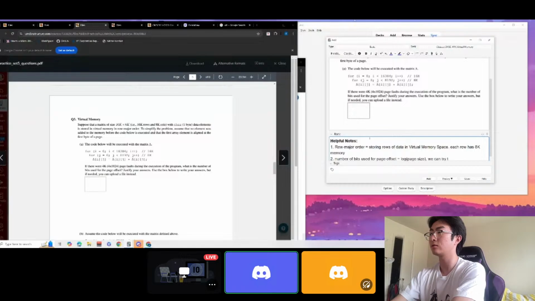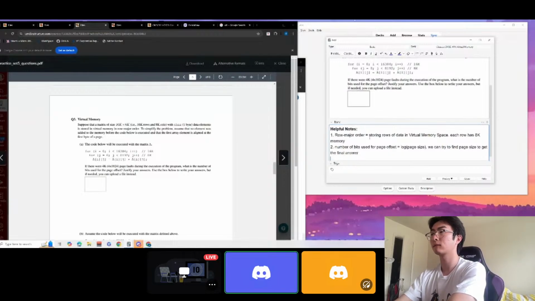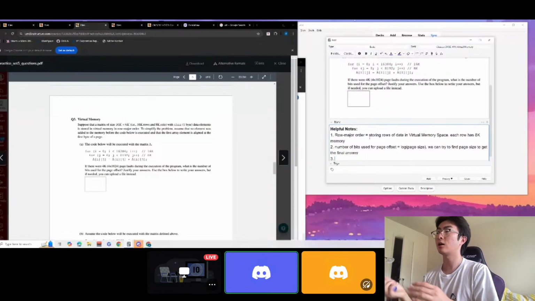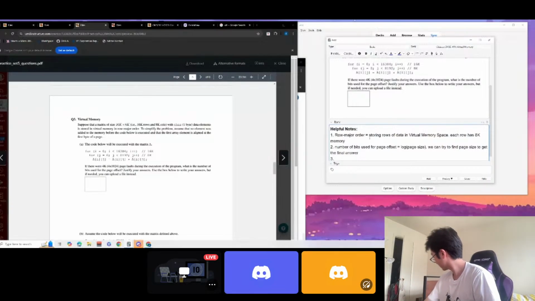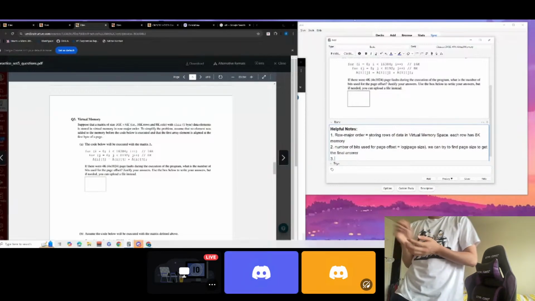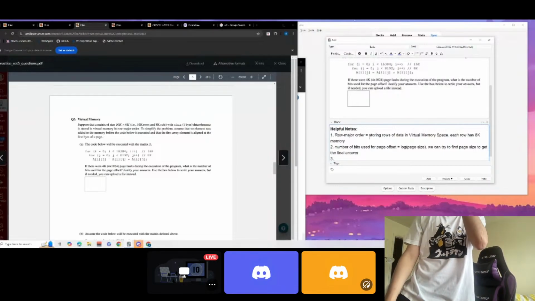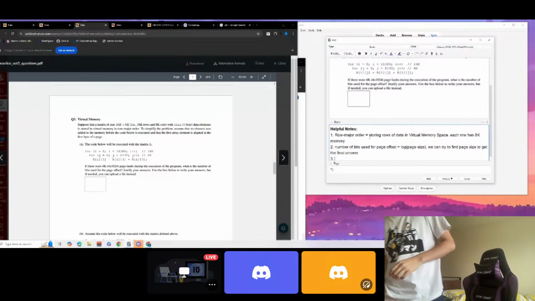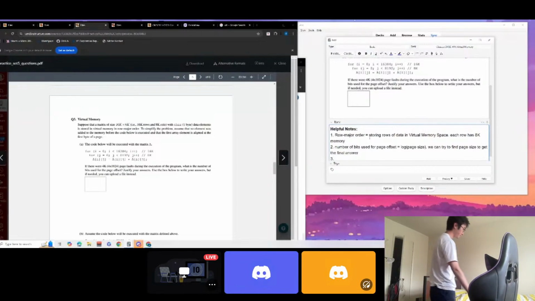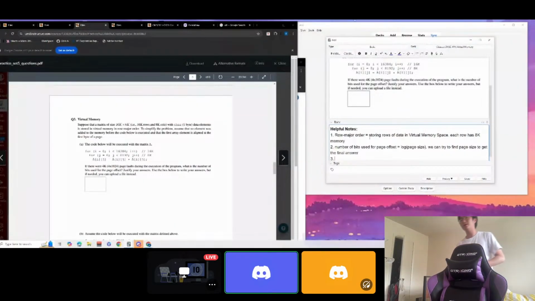We can try to find page size to get the final answer. Trying to think. If number of bits used for page offset, so how do we find the page size here?